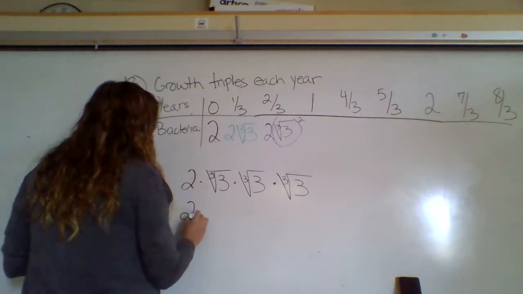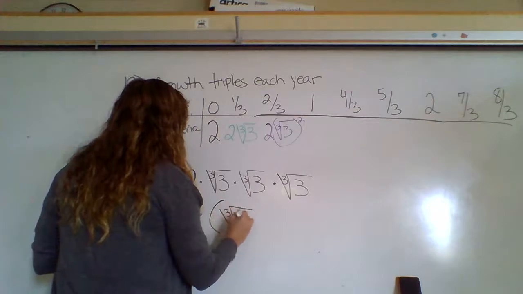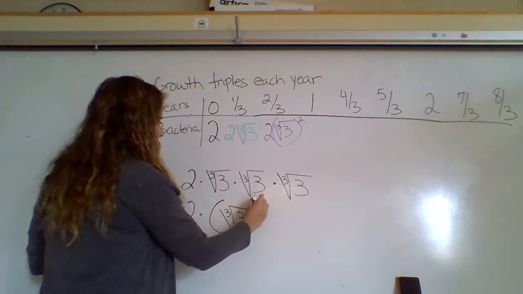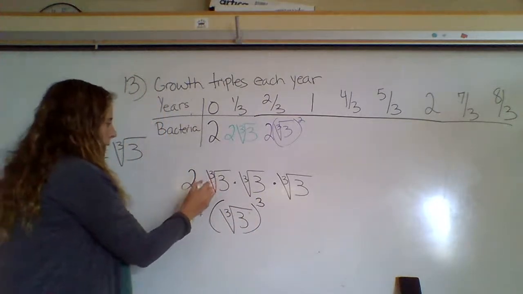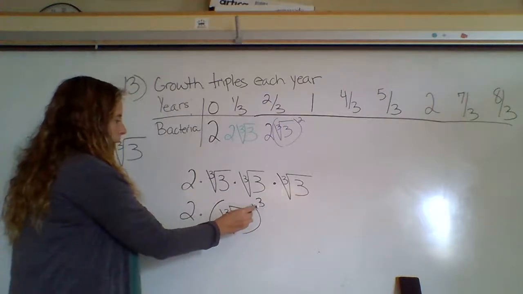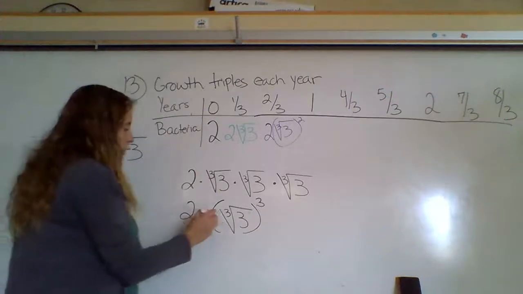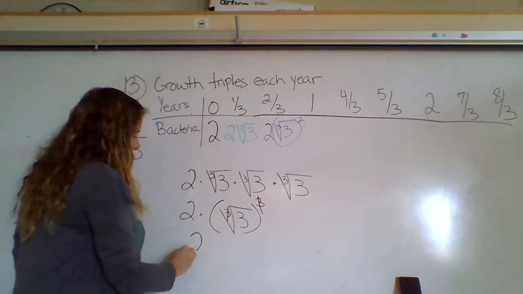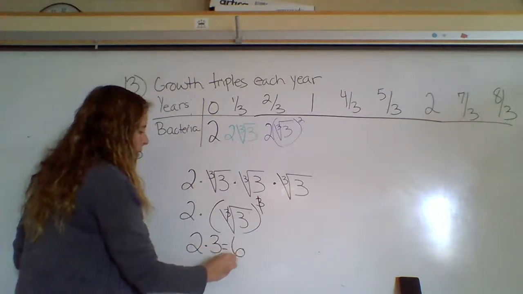So this is really the cube root of 3, 1, 2, 3, cubed. I'm multiplying it by itself 3 times. That's why I get the 3. Now your 3's do cancel out. And you're just left with 2 times 3, which is in fact 6.